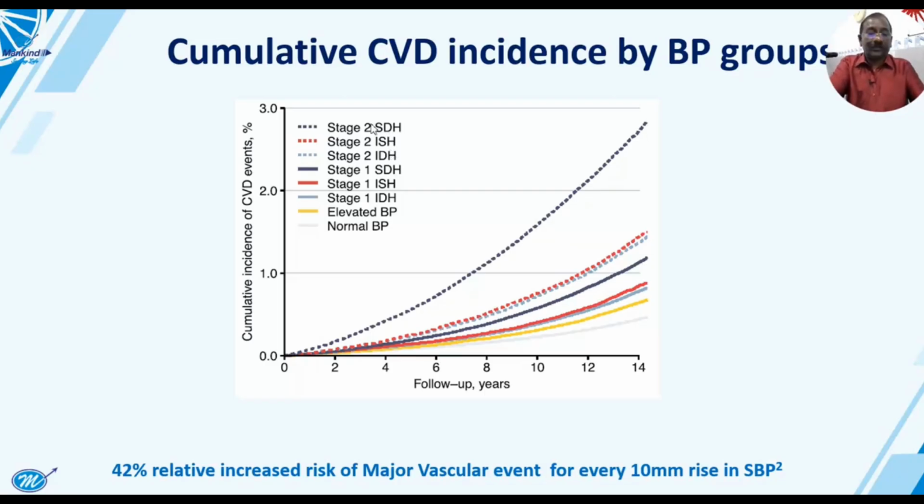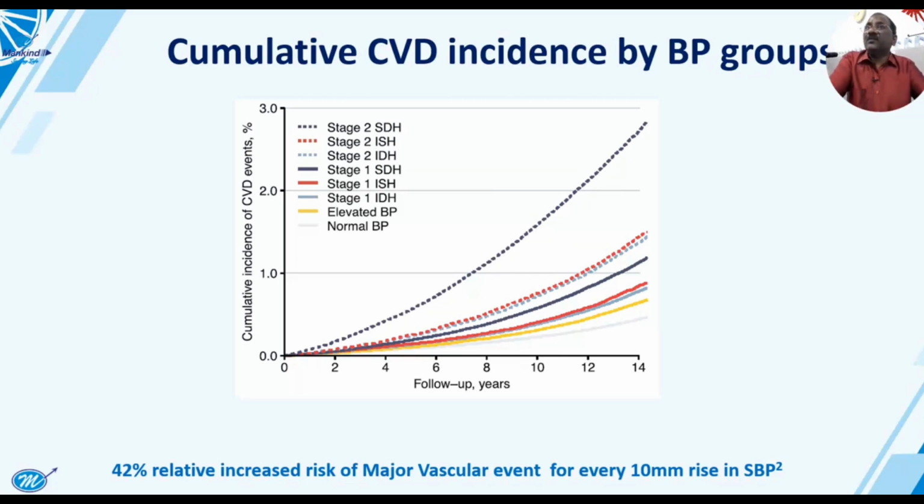Systolic and diastolic hypertension. Excellent. See here, you read here, 42% increased risk of major vascular events for every 10 millimeters rise in the SBP. See, even today, we physicians, we don't respect the blood pressure. If it is 160 by 90 or 150 by 90 or 140 by 90, we don't give much respect.